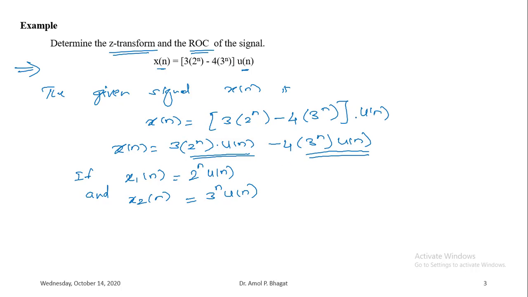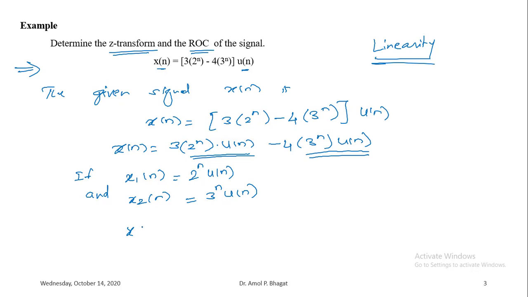We can also directly identify the Z transform of the given signal x of n, but we will identify it by using the linearity property. This x1 of n and x2 of n were taken from the given signal.